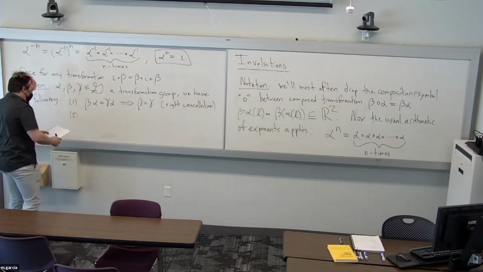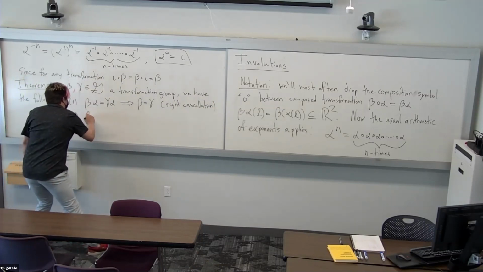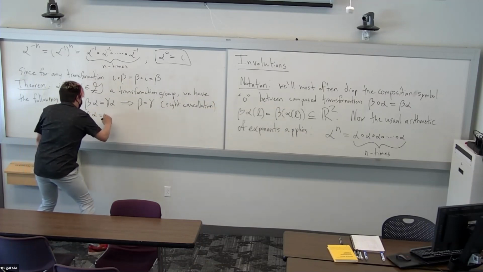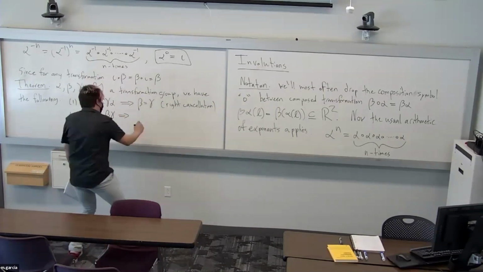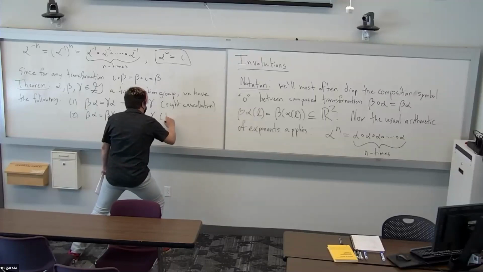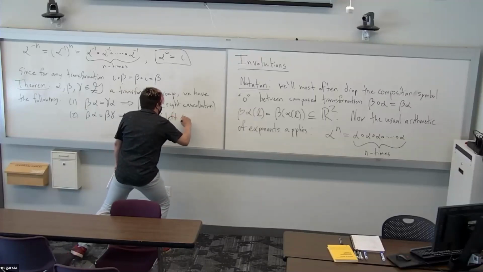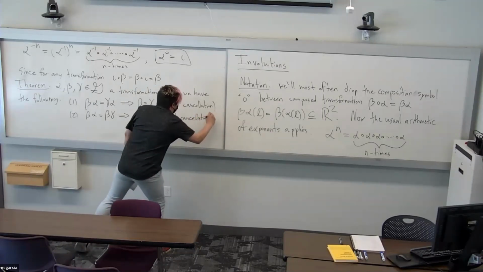Similarly, we can cancel on the left. That is to say, beta alpha is equal to beta gamma implies that alpha is equal to gamma. Left cancellation.